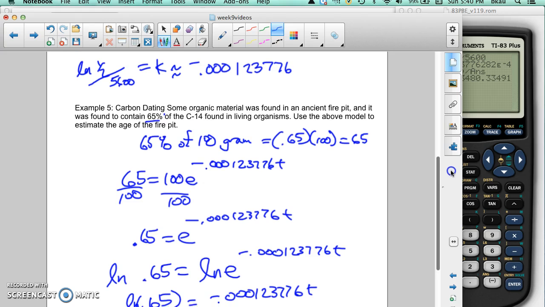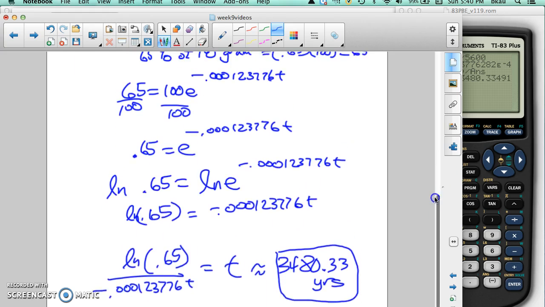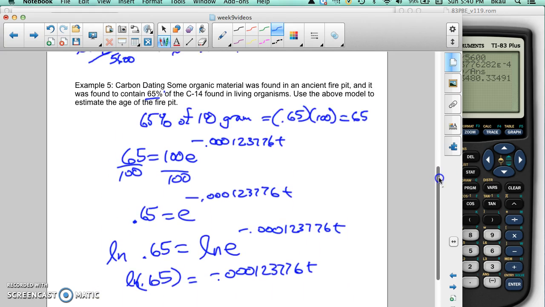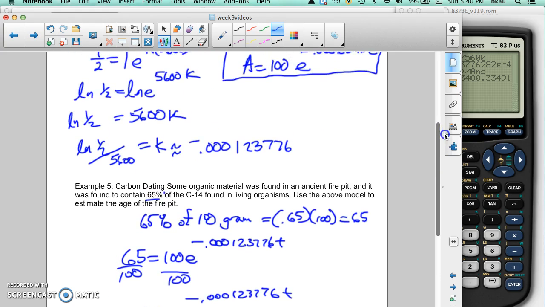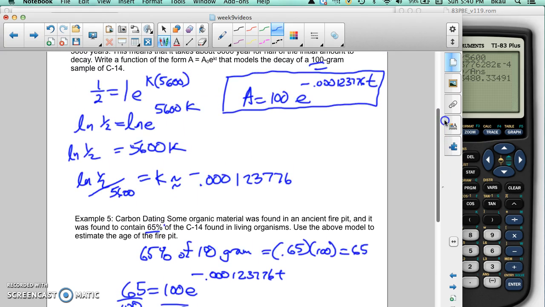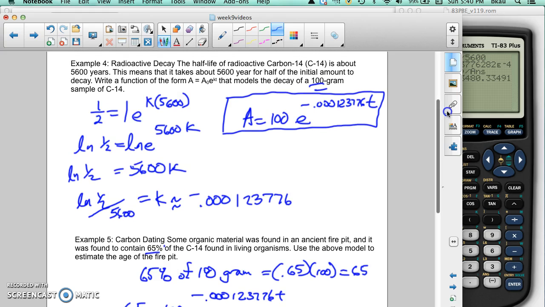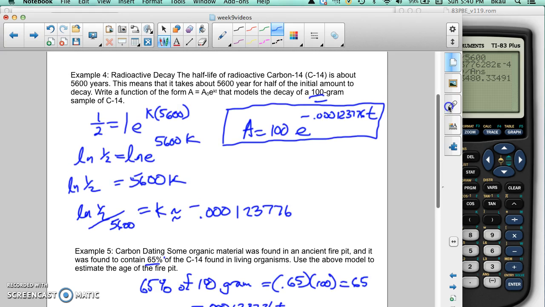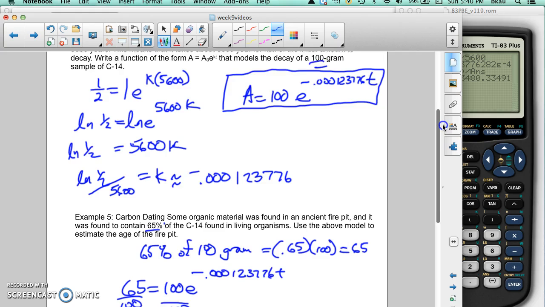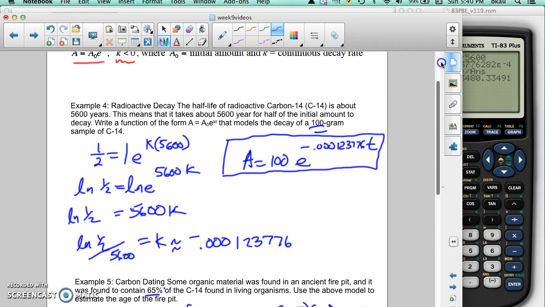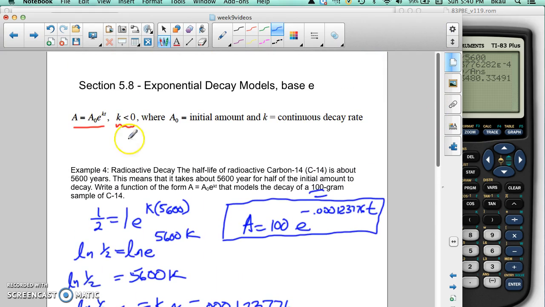So we're assuming that this organic material they found is over 3,000 years old, close to 3,400 years old, by using this radioactive half-life. All right, so this is an example of exponential decay. Now, we can do several different types of examples.